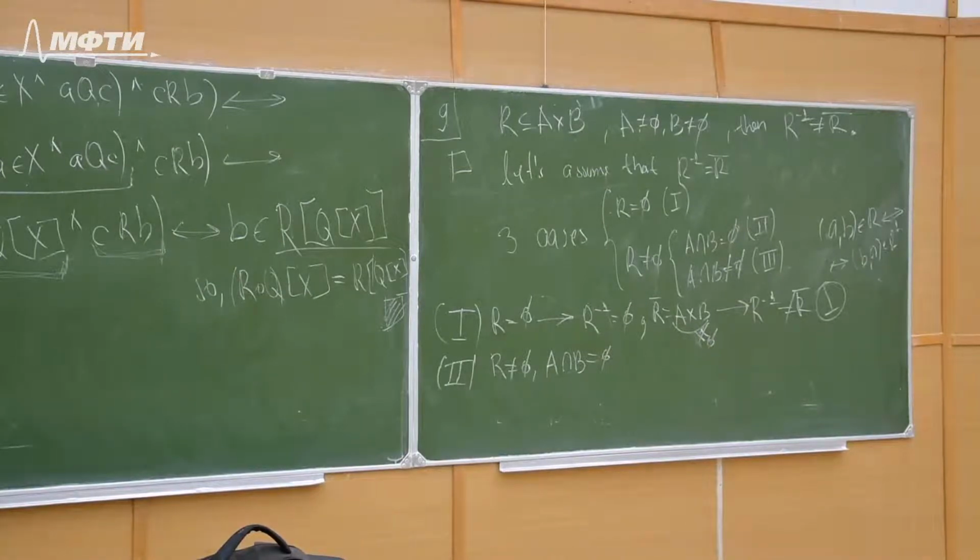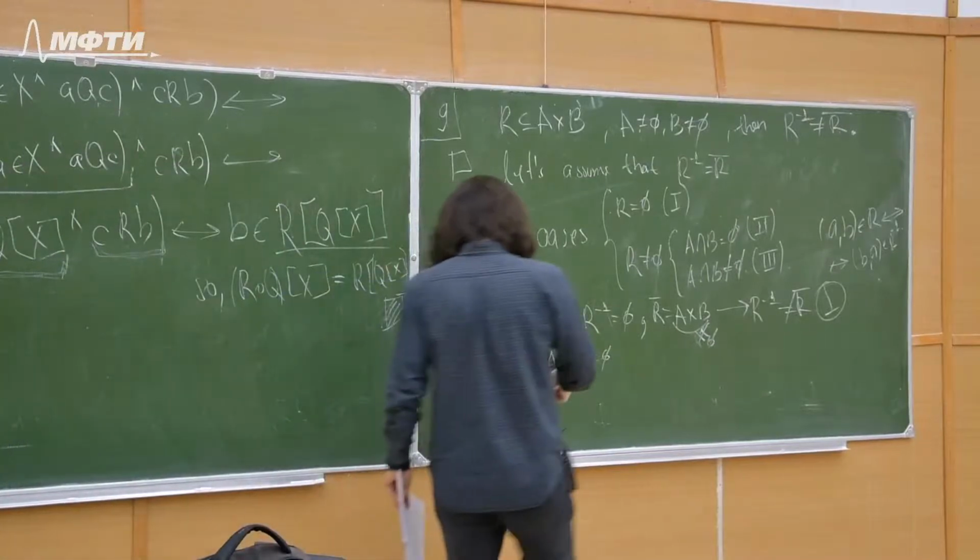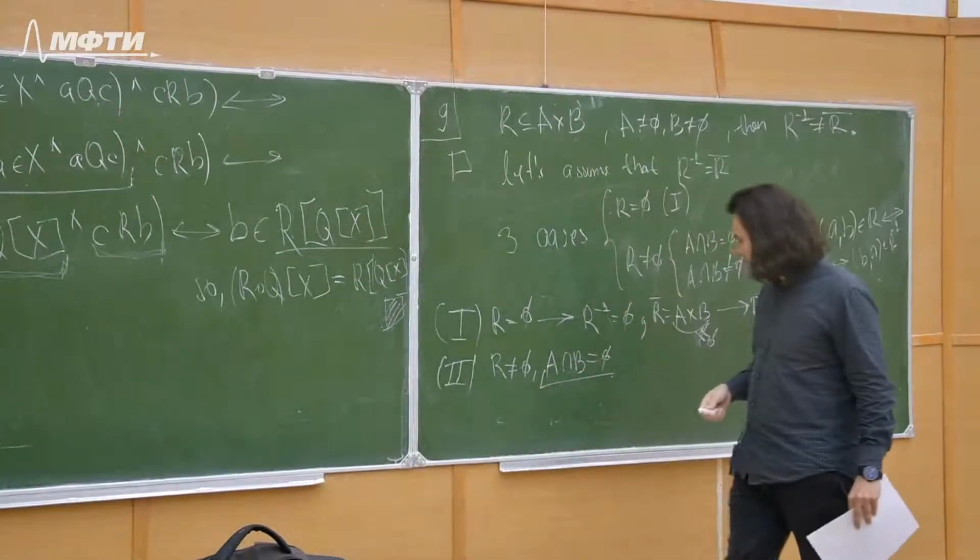So I have that R is non-empty and the intersection is empty.